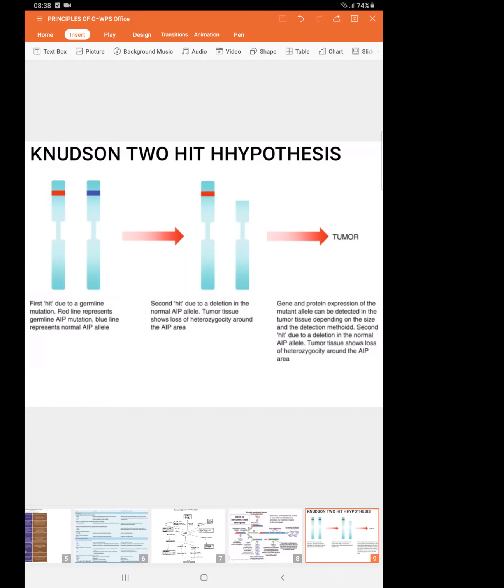That will lead to loss of both the alleles, followed by expression of the mutant allele, and cause aberrant protein formation or lead to loss of function of the tumor suppressor gene.